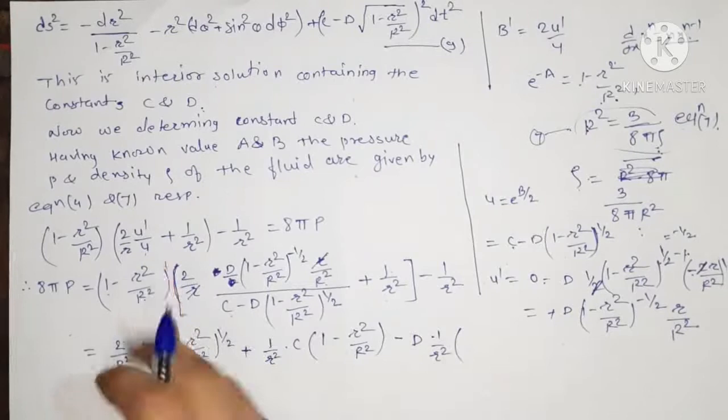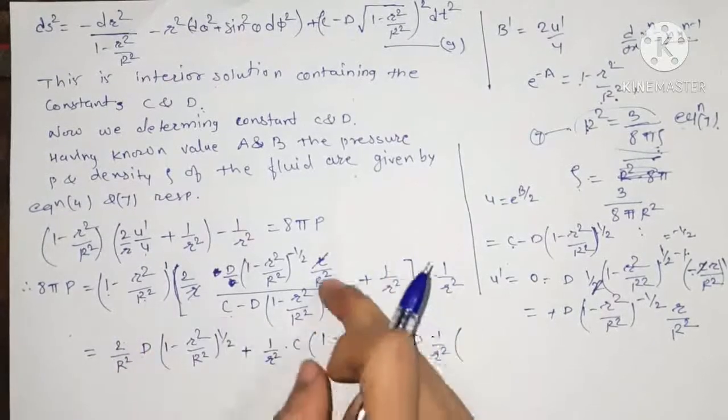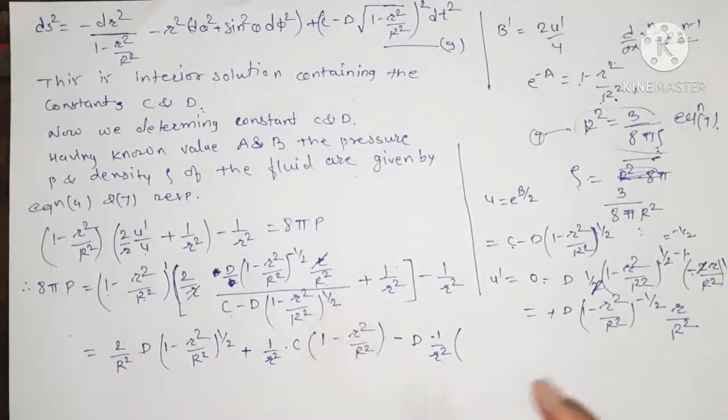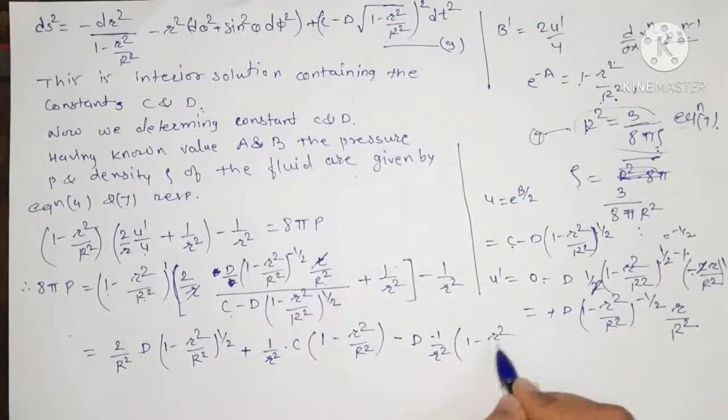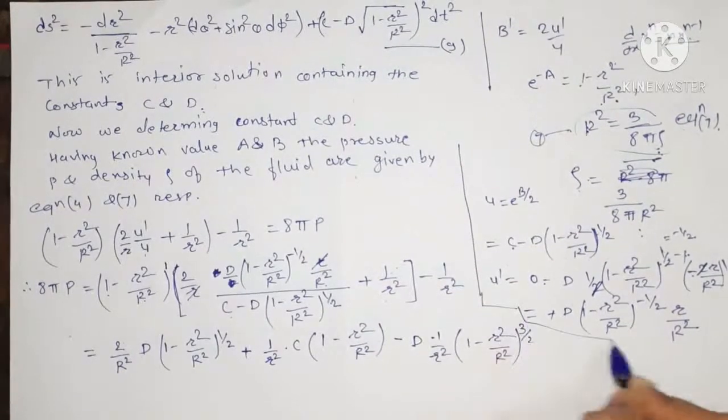Inside the bracket we have here power 1, and when we cross multiply we have in the numerator 1 upon 2. So 1 plus half is 3 upon 2. Okay, so 1 minus r square upon capital R square whole to the power 3 upon 2.